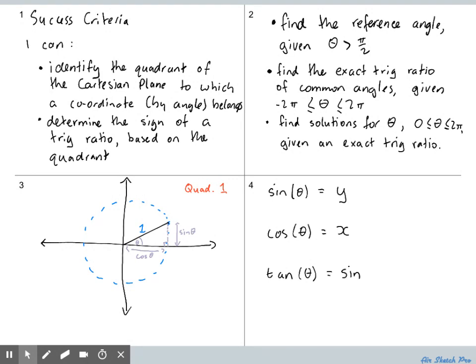And if you remember from a few of our explorations that tan theta equals sine theta on cos theta, then it must be that tan theta is y on x. So that's our new definition. It's a coordinate on the circumference of the unit circle where the center is the origin of the Cartesian plane.